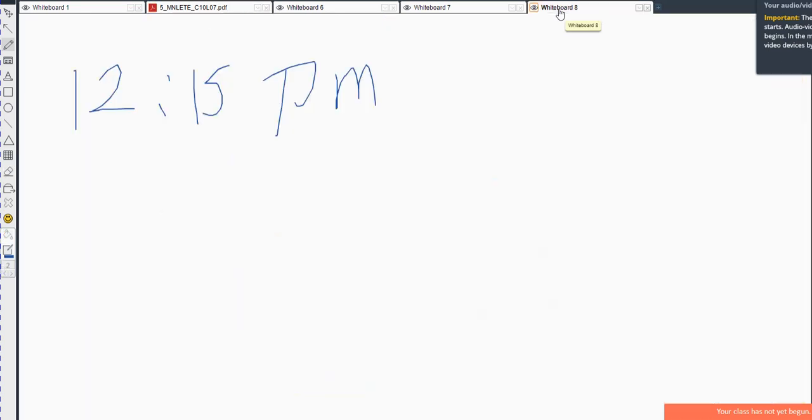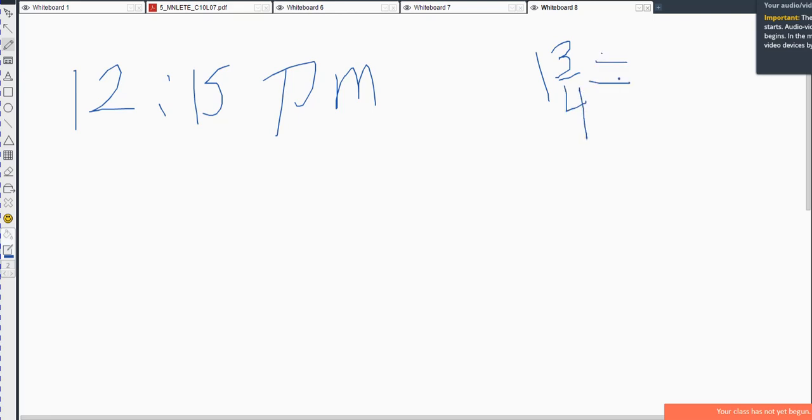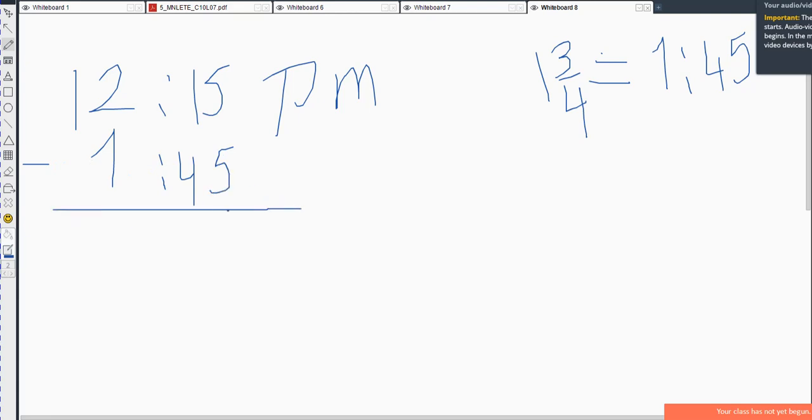Firstly, what is 1 3/4 hours in minutes? How many hours? 1 hour. And how many minutes does 3/4 equal? Yes, 45. So we are going to subtract 1 hour and 45 minutes.